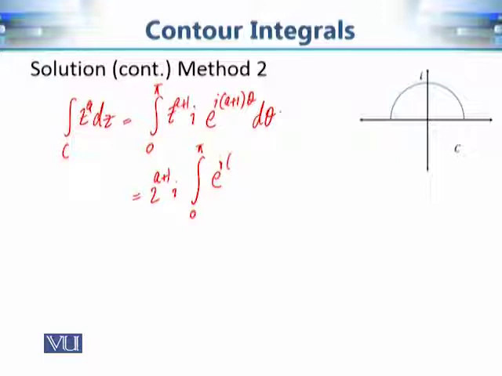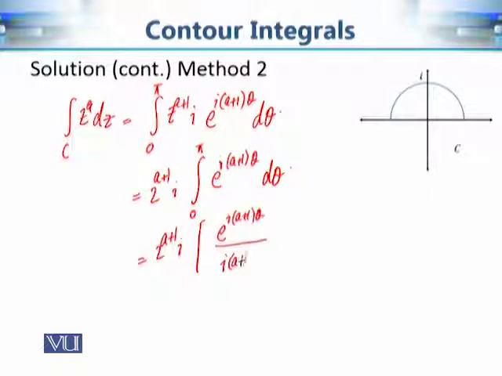E raised to power iota a plus 1 theta d theta. So just integrating this exponential function, we get theta divided by iota a plus 1. The limits are 0 to pi.